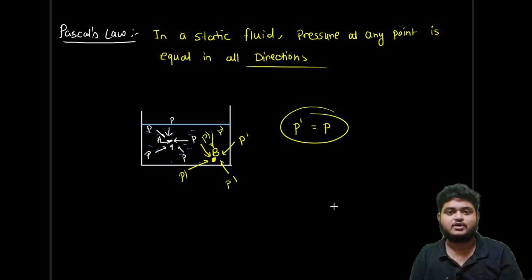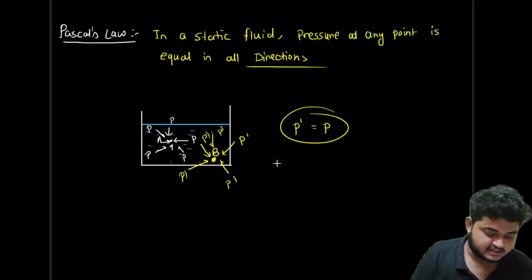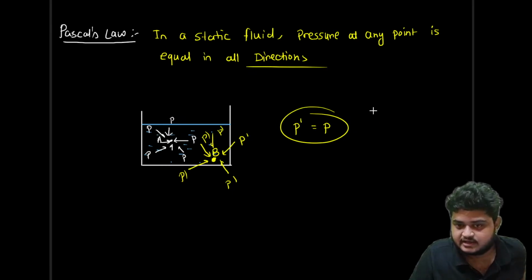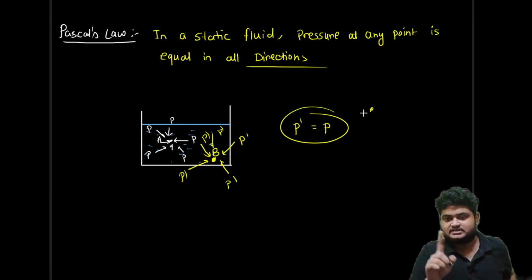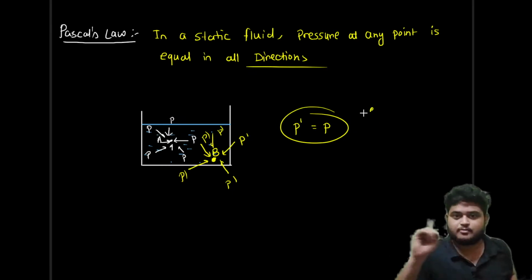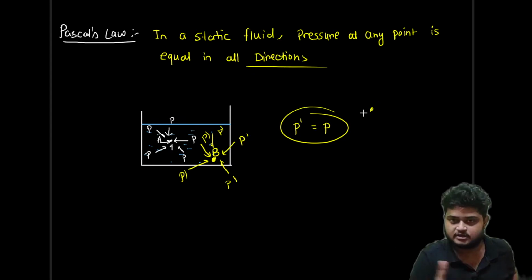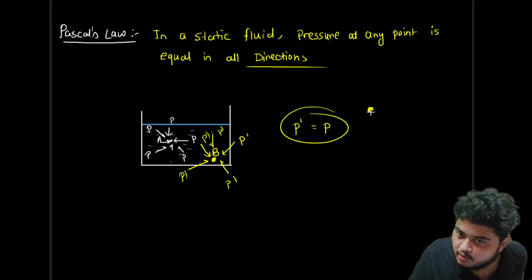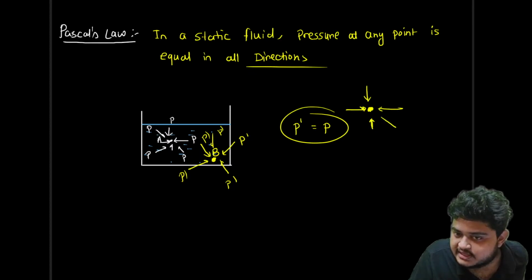The pressure may be different with the second one, but it will be same in all directions. I hope this is clear. You have to keep this in mind that the pressure being the same at all points from all directions is not a true statement, right? It is same for only one point, from all directions.